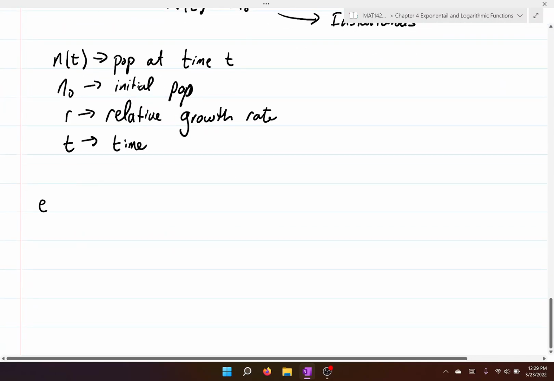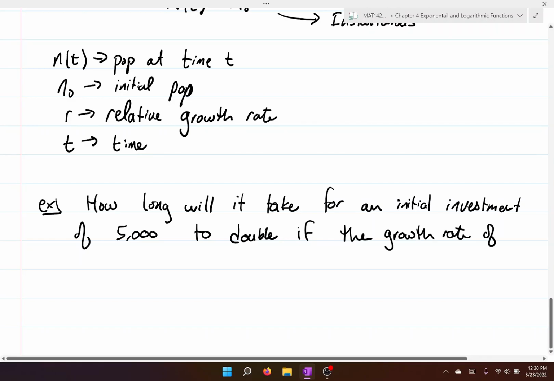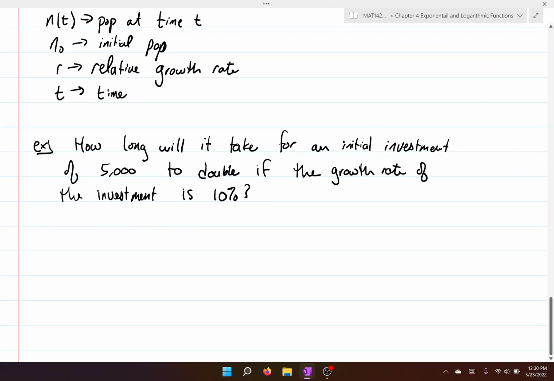So a simple example would be something like, how long will it take for an initial investment of $5,000 to double if the growth rate of the investment is 10%, okay?